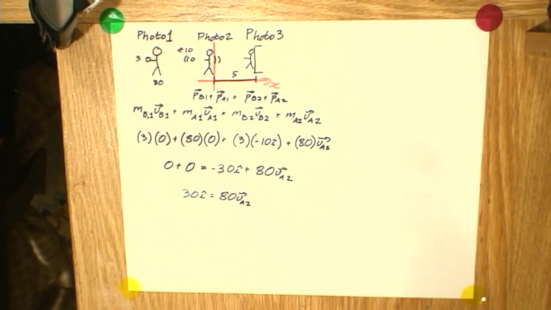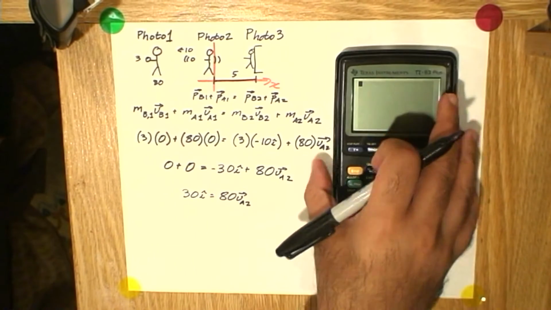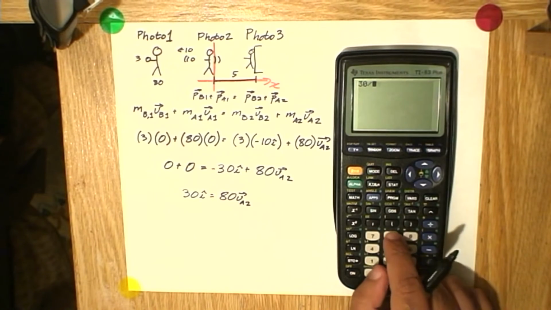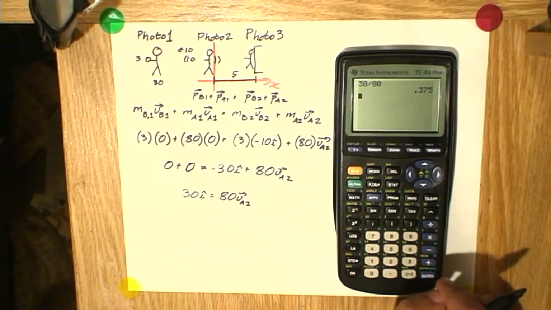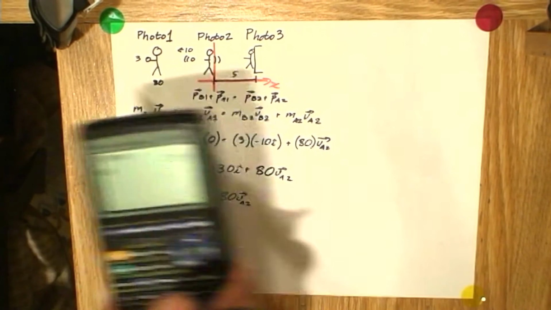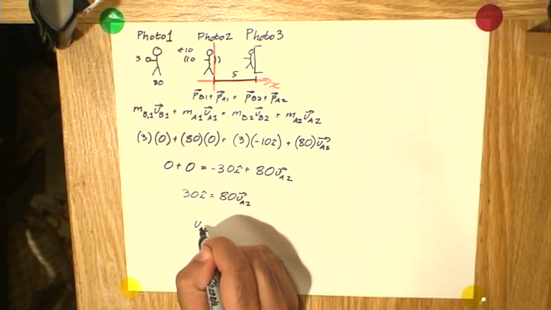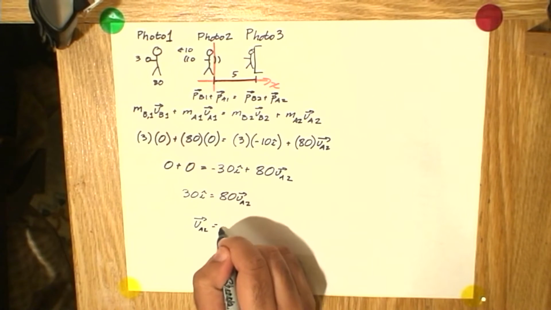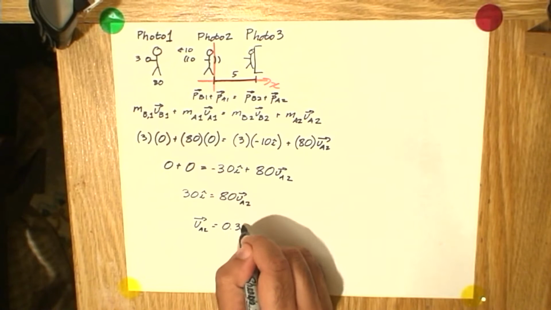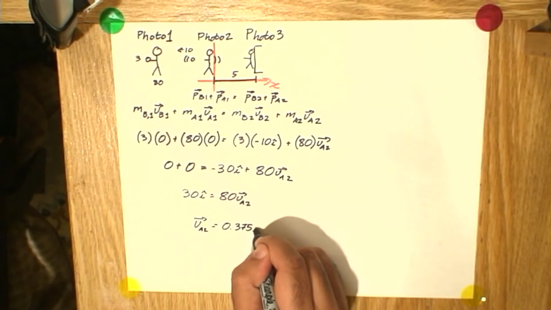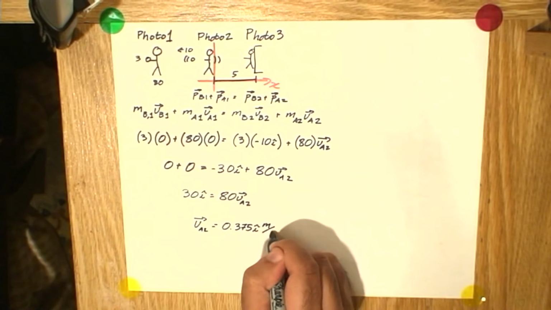So the last step is just going to be to divide 30 by 80 to find the velocity of the astronaut, 0.375 meters per second. So the velocity of the astronaut in photo 2 is equal to 0.375 i hat meters per second.